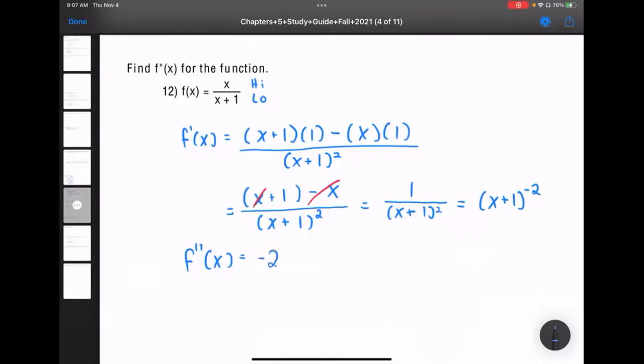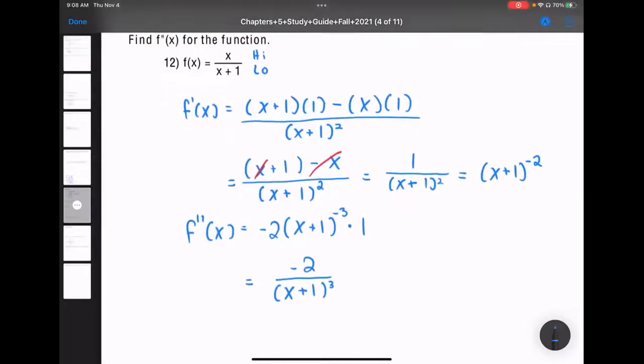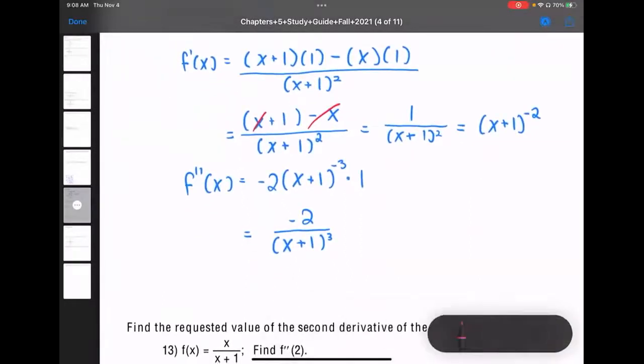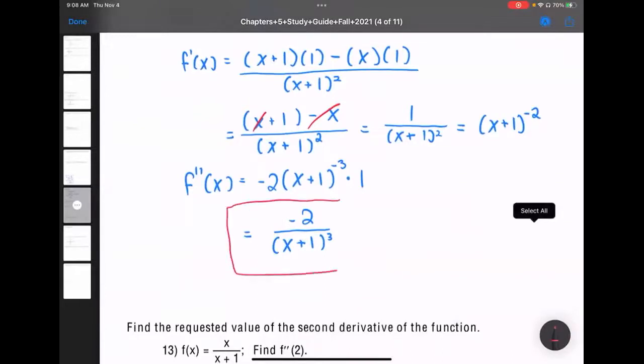So bring down the negative 2, leave the inside the same. And now we multiply by the derivative of the inside, which is the derivative of x plus 1, just 1. And so we have negative 2 over (x plus 1) cubed. And that is the answer to number 12.